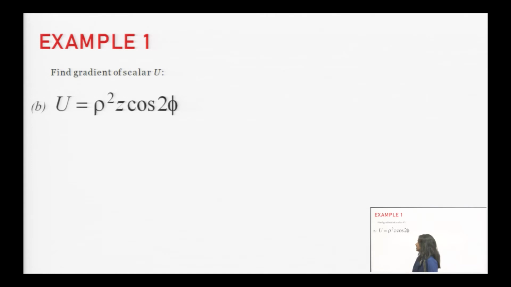We know that the parameters of cylindrical coordinates are rho, phi, z. In this function we can find rho, z and phi. One more important thing is that the cylindrical coordinate system has one angle. So if there is one angle, it means that the scalar function is given in cylindrical coordinates.